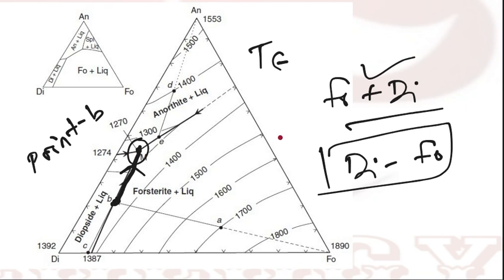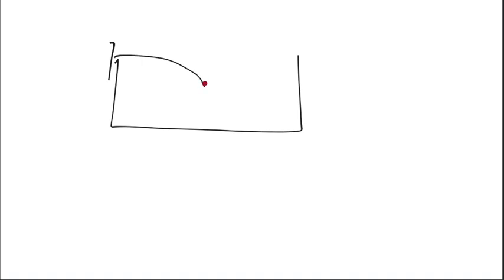So what was happening in your binary eutectic? In case of binary eutectic, this is X and this is Y. So we'll take a composition X 80, Y 20.